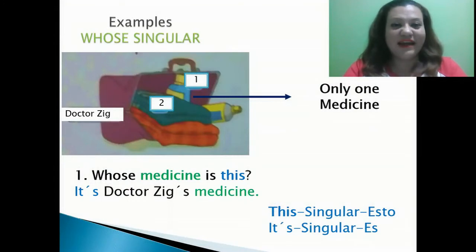Now, let's look at some examples using whose in singular. Let's focus on the picture. We can see a bag that belongs to Dr. Sig. Let's focus on the picture at number 1. We can see that he has in his bag one medicine.